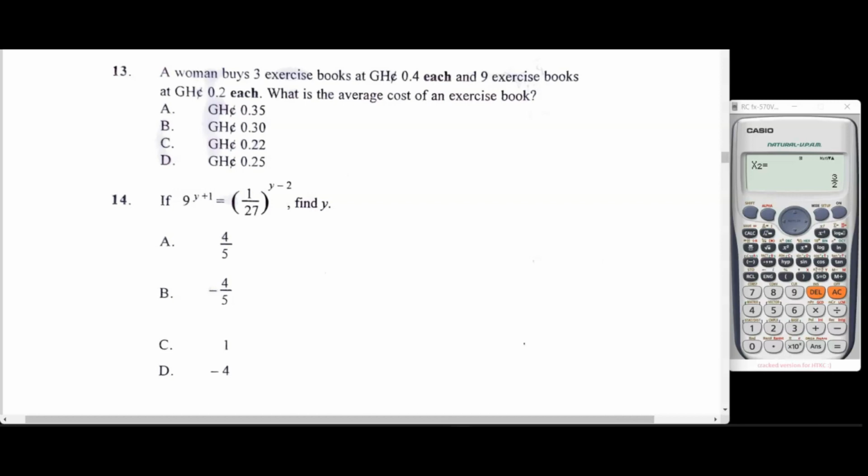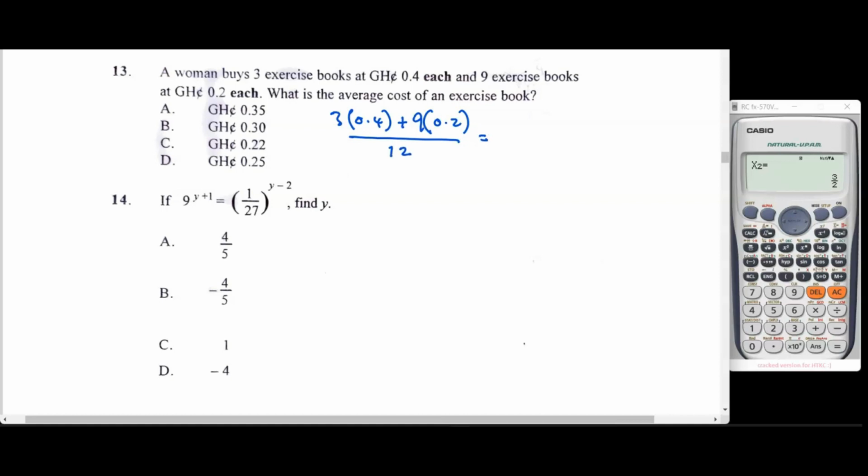So that is going to give us 3 multiplying the price for each book, which is 0.4, plus 9 multiplying 0.2. Then we divide all that value by the total number of books, which is going to be 12.